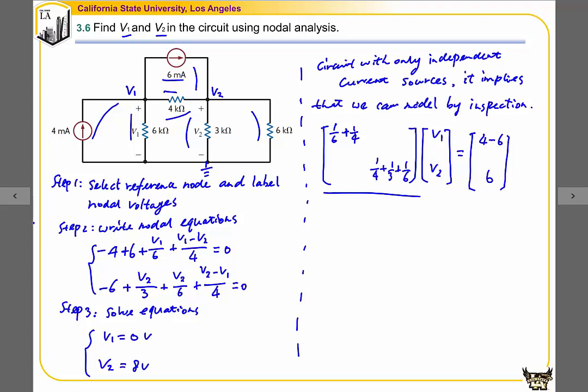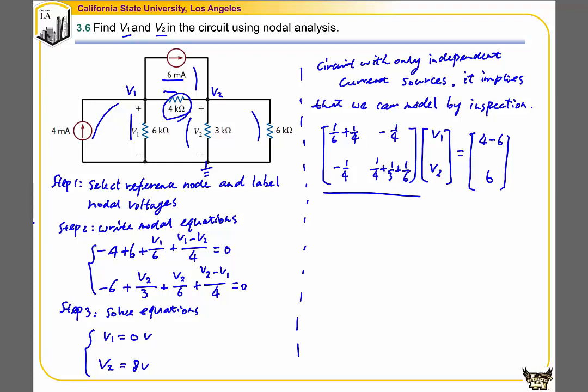The off-diagonal entries are the shared conductance between nodes with a negative sign. The 4 kilo ohm resistor is shared between node 1 and 2, so we have -1 over 4. Since this is symmetric, we have -1 over 4 over here.